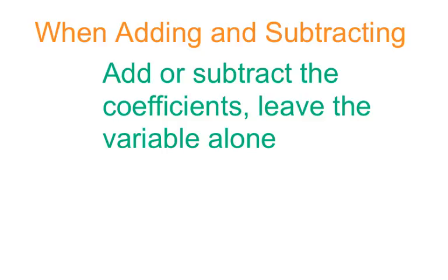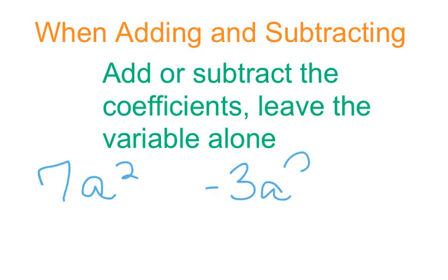So for example, if I had the like terms 7a squared and negative 3a squared, okay? Let's say I wanted to add these things together. All I would need to do is look at the coefficients, the 7 and the negative 3.